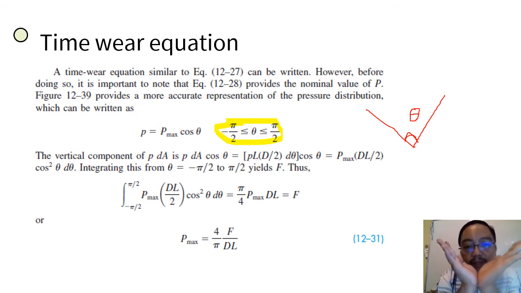If you Google the images for partial bearing, it's like this. The vertical component of P dA is cos theta, and integrating, you get this equation, P max equals 4F over pi d l.